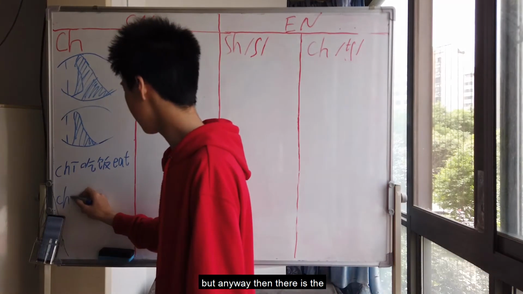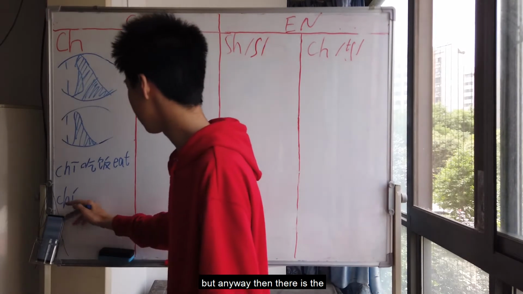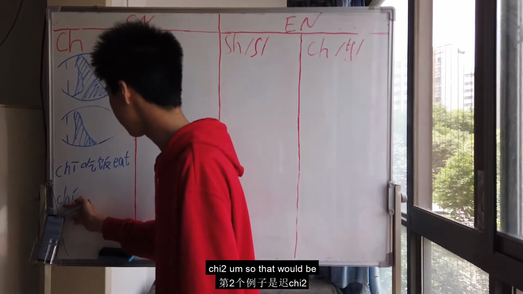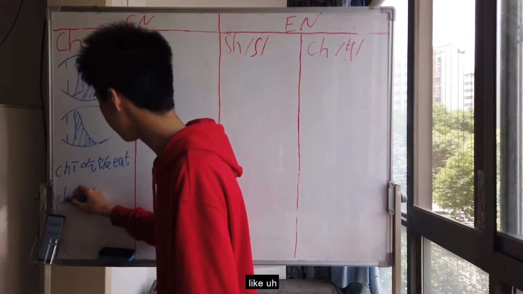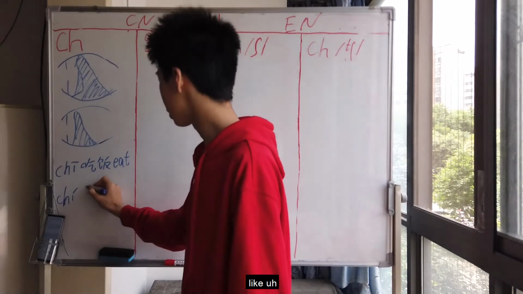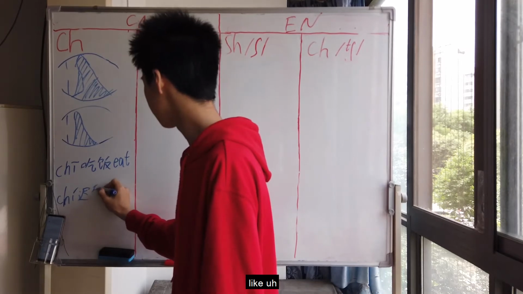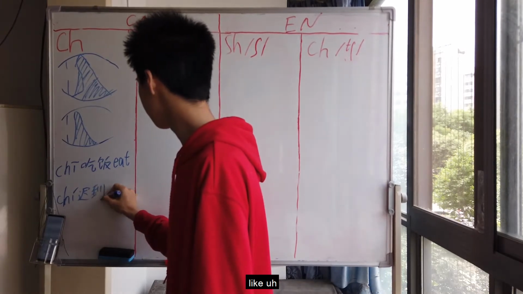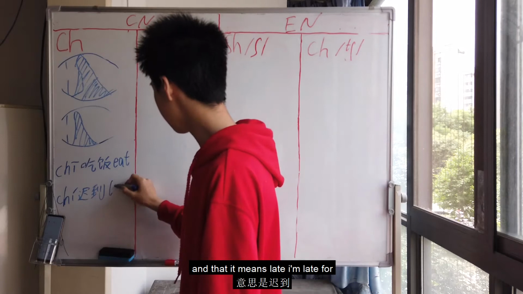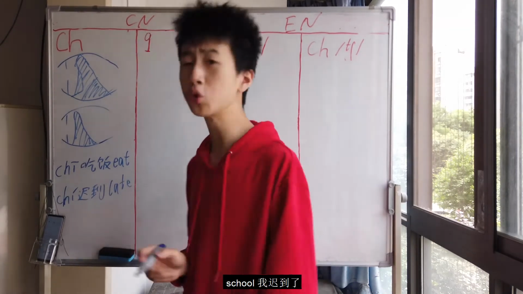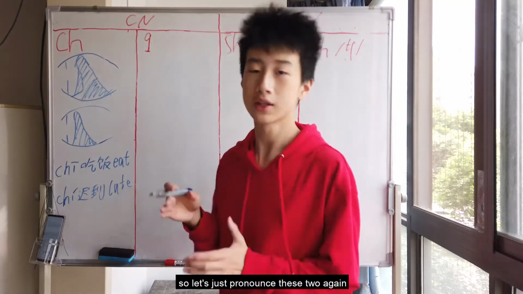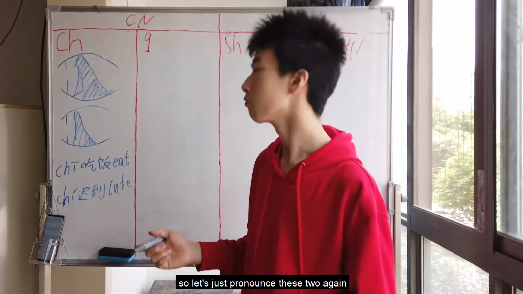Then there is 迟到, which means late. I'm late for school, 我迟到了.